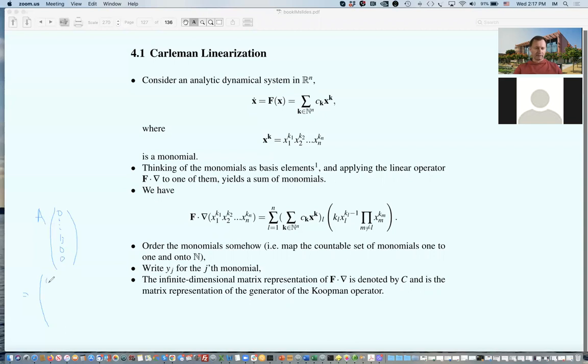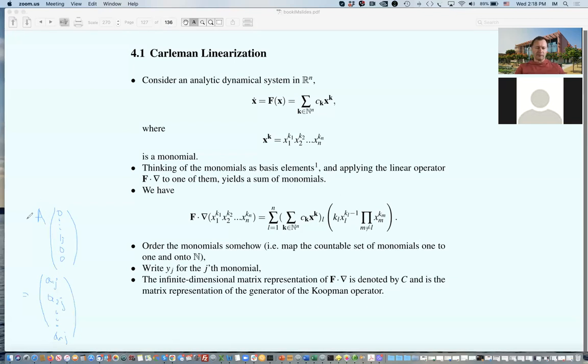So we're going to have A1j, A2j, all the way to Anj, where 1, 2, and so on represent the rows, and j, of course, represents the column.